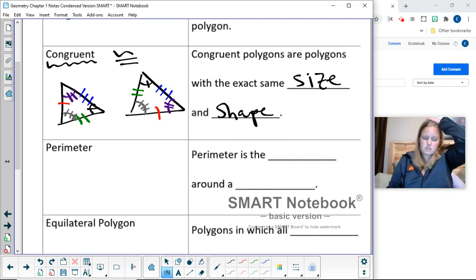Now, if you notice, I did color code these, but the markings that are the same are the sides that are equal. They're not in the same position, like one is kind of turned or flipped from the other. But as long as all the parts are the exact same, and they're both the same shape, they're both triangles, everything is matching up, they are congruent.